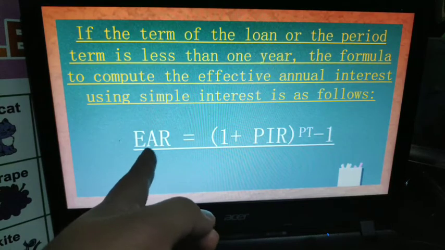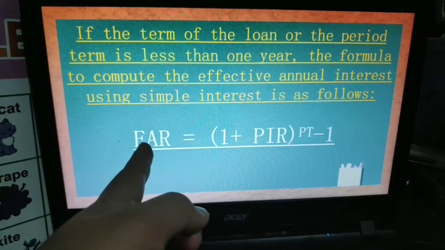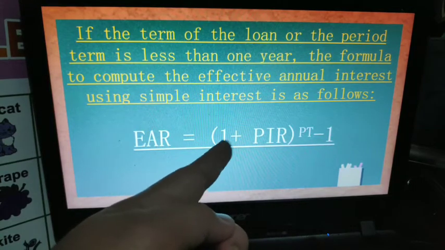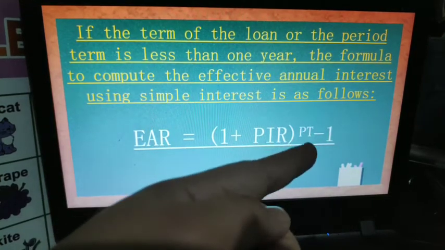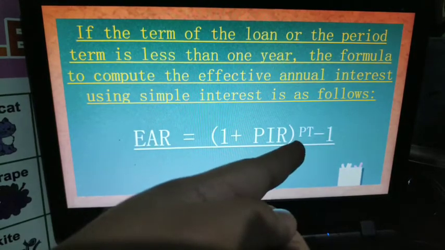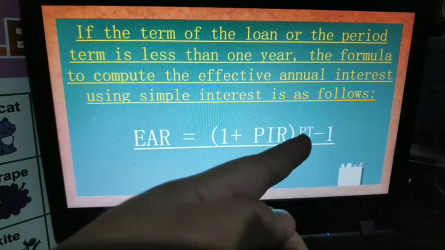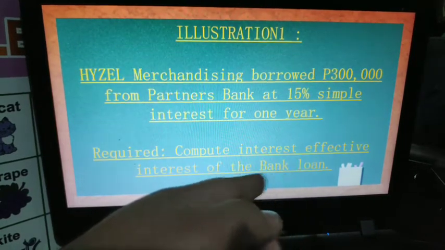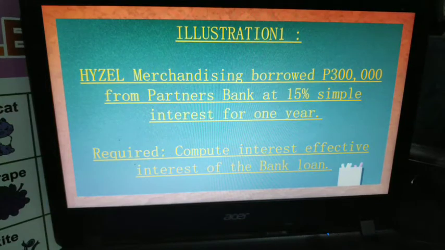So this formula is EAR is equal to open parenthesis 1 plus PIR close parenthesis exponent PT, minus 1. The only exponent here is the PT, which is the periodic term. Now let us proceed to the illustration so you can understand how to compute the effective annual interest rate.